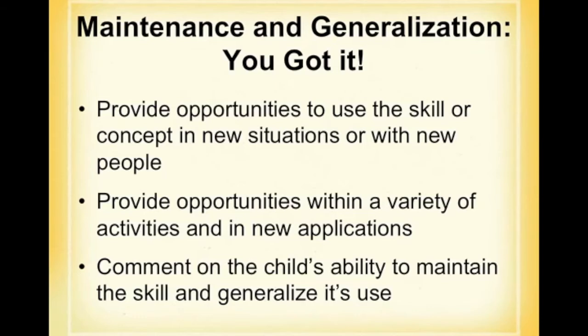And then there's the maintenance and generalization, or you got it stage. Once children are fluent with their new skills, they need to be able to maintain the skills without support or prompting from an adult. When children apply their new skill to new situations, people, activities, and settings, they demonstrate generalized use of these skills.